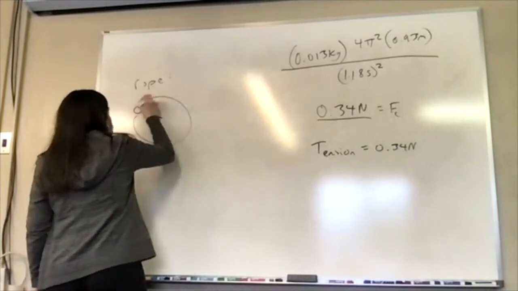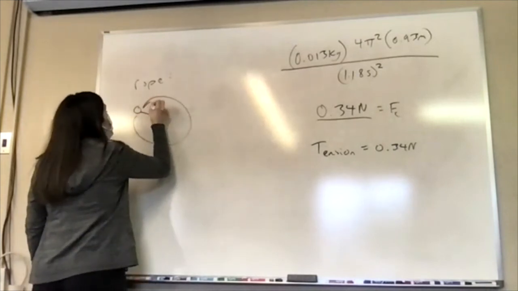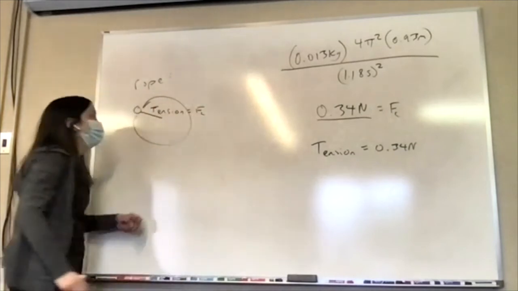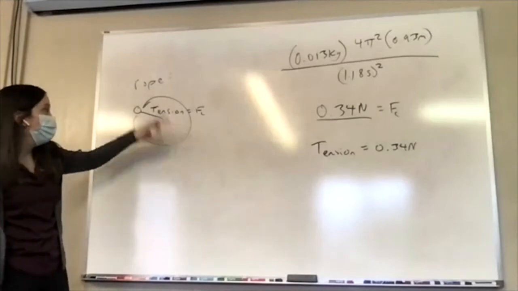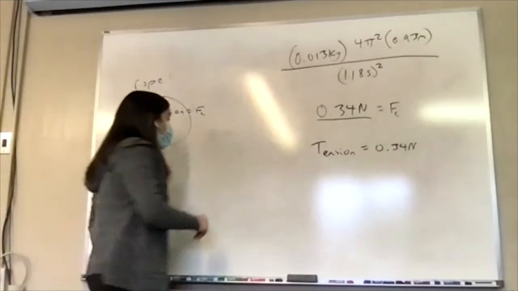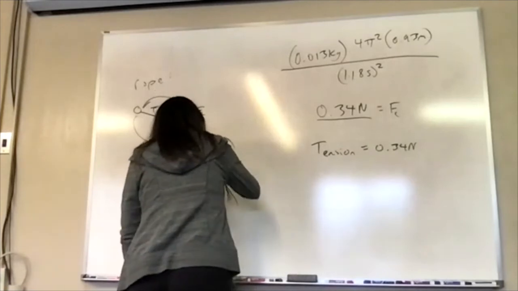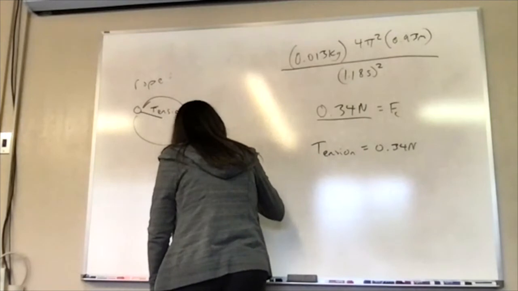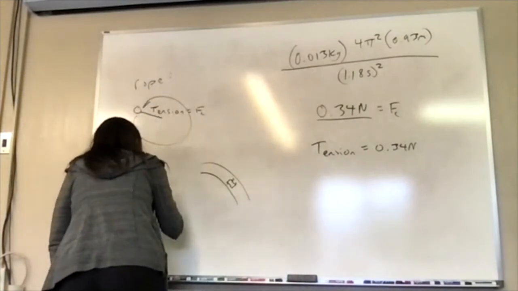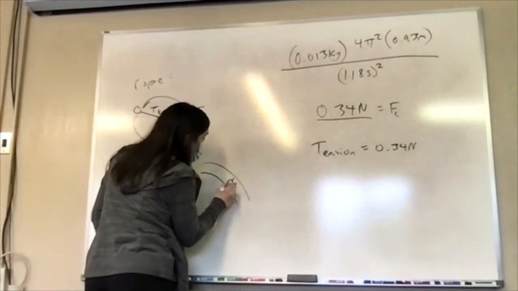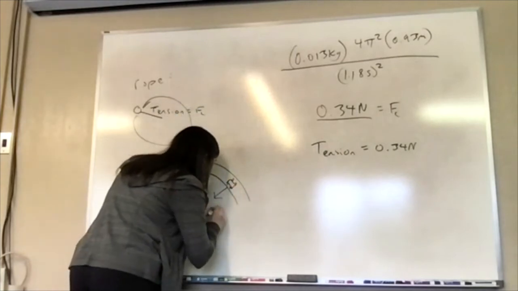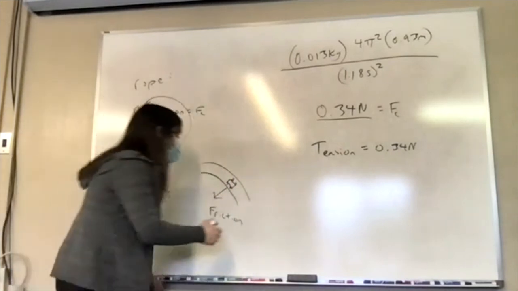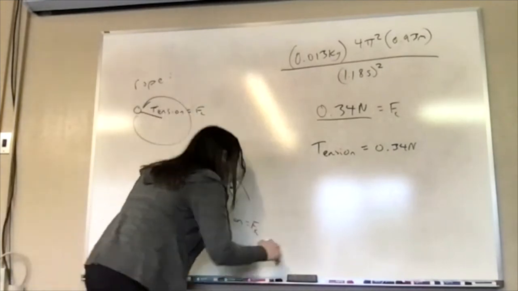So whenever you have a rope going around in a circle, tension supplies centripetal force. So tension equals centripetal force when you have a rope going around a circle. If you have a car going around a bend, then you have friction, the friction between the tires and the road that supplies centripetal force.